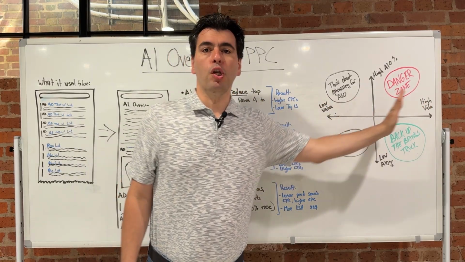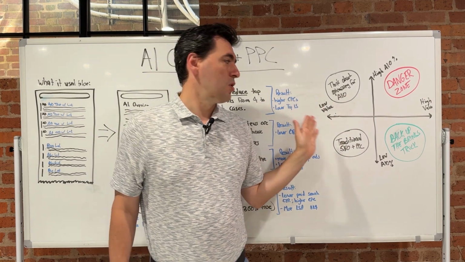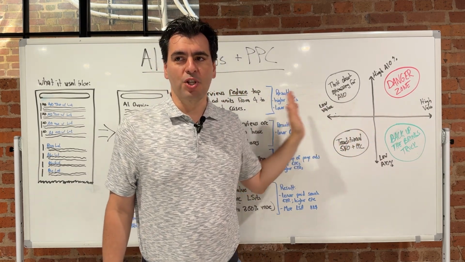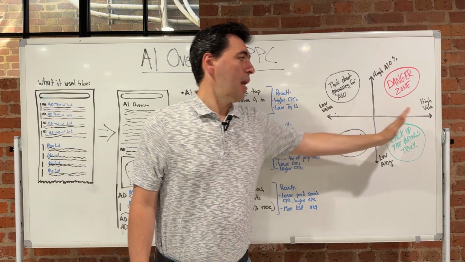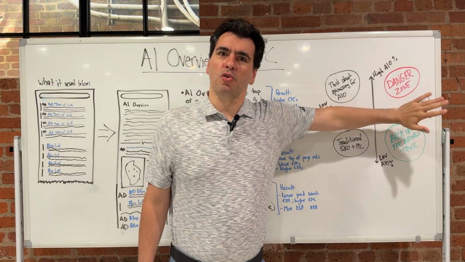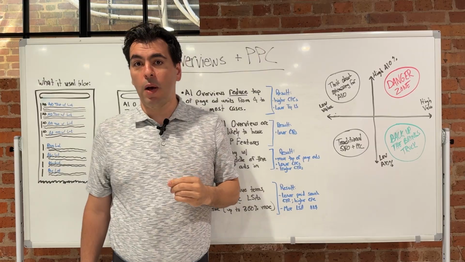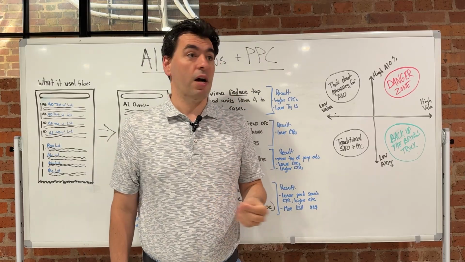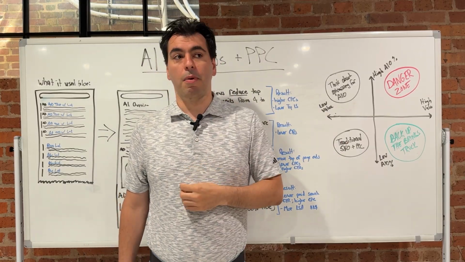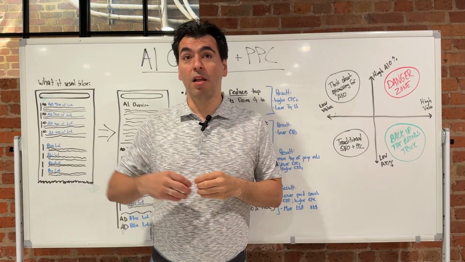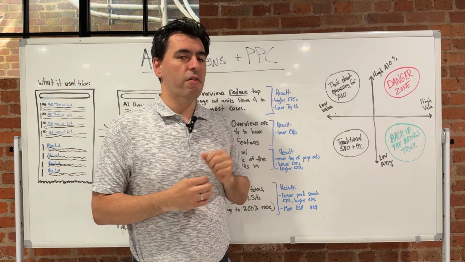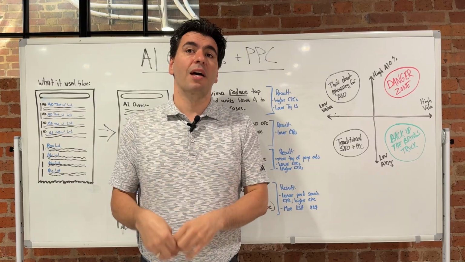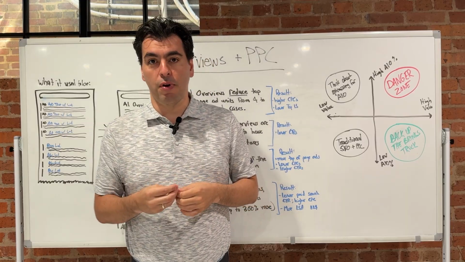You should intuitively know how valuable each of these keywords are, but if you're not sure, go check the conversion data, the conversion history, the return on ad spend, the CPA, and establish, hey, these keywords are super high value, they convert very well for us, they convert very consistently for us. These keywords are low value, maybe they do convert fantastically well, but they're so infrequent that it's hard. Maybe they're more informational, they don't actually lead to a ton of sales, but they're valuable for us to have at the right price.